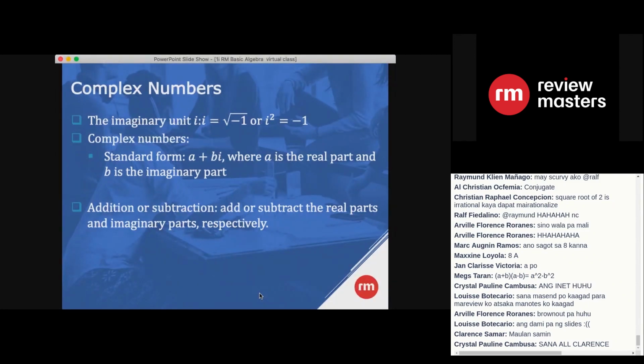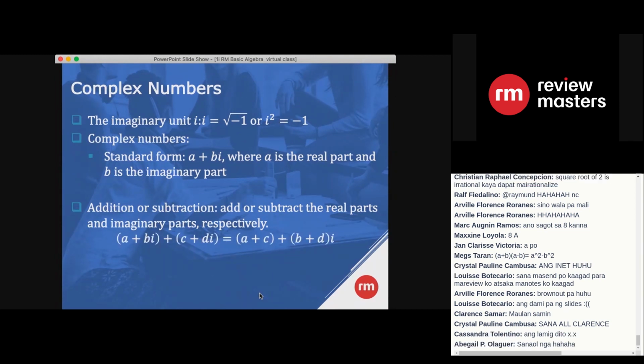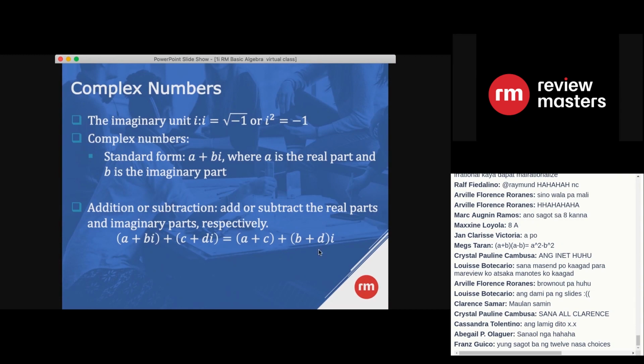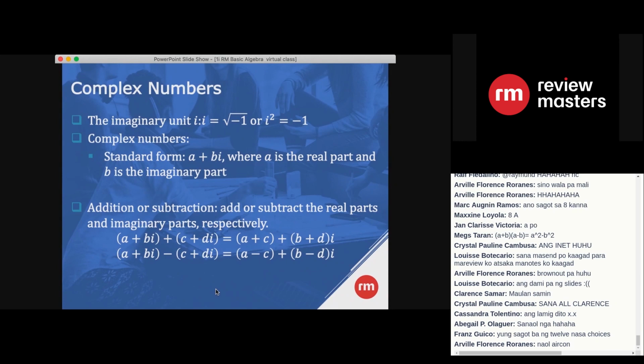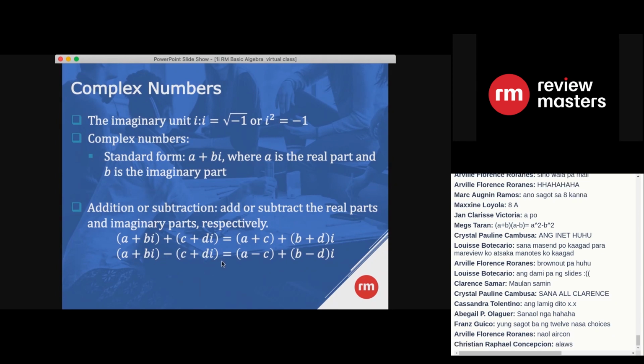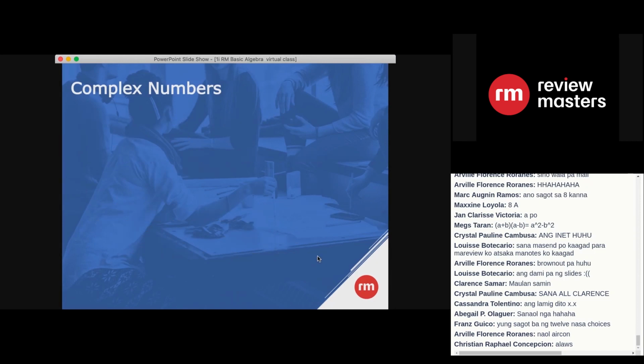So, real sa real, imaginary sa imaginary. So, (a plus bi) plus (c plus di) is a plus c plus the imaginary part, and for subtraction, a minus c plus b minus d times i.